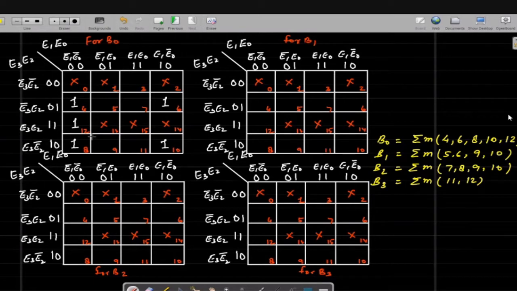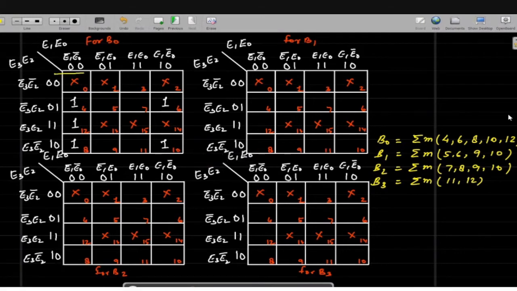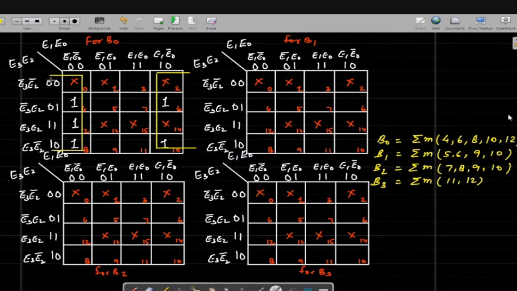An octet, yes, one of it. These 4 cells and these 4 cells are adjacent, so we can make a group of 8 adjacent cells, which is an octet.